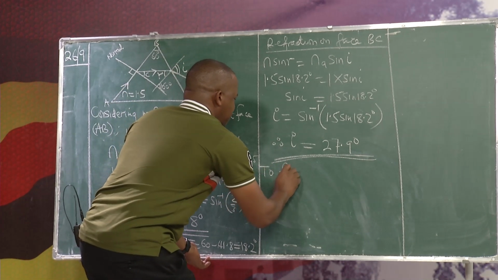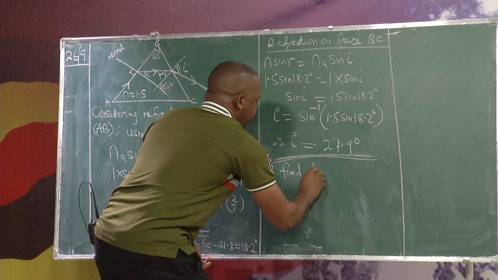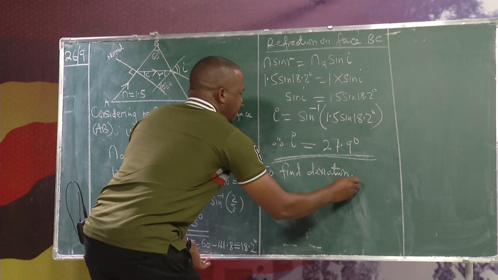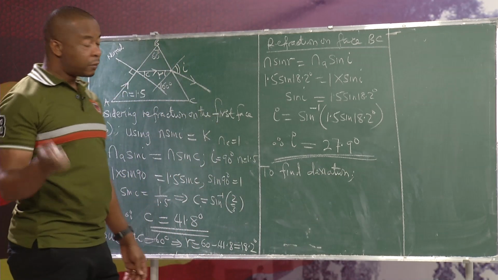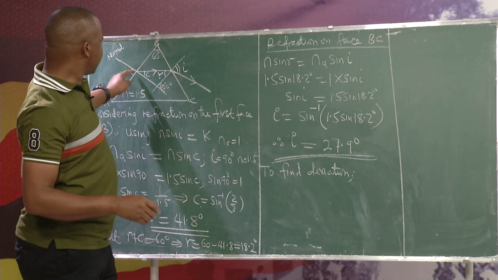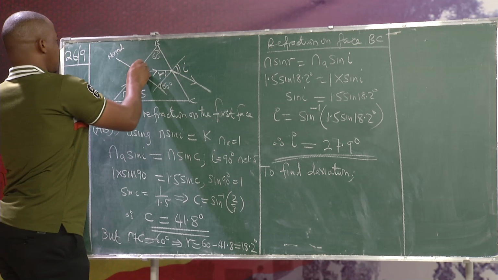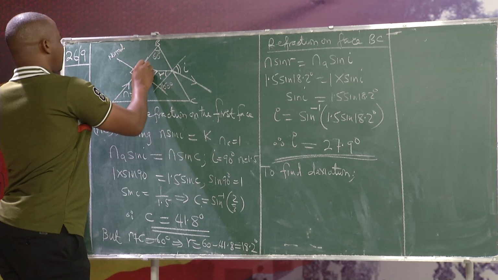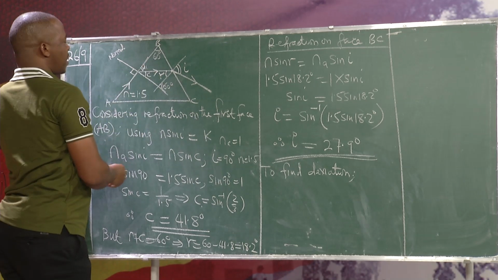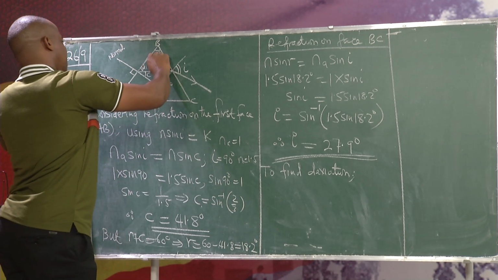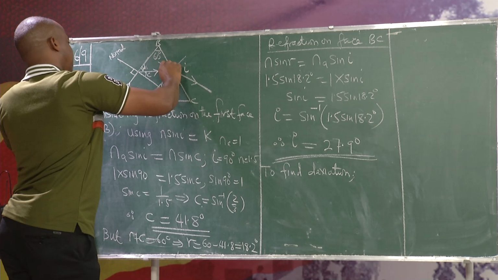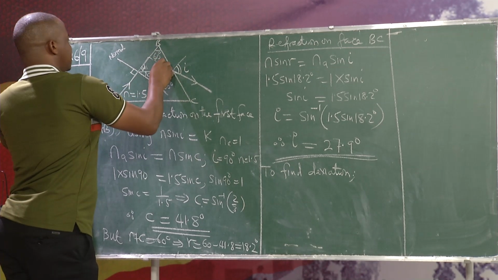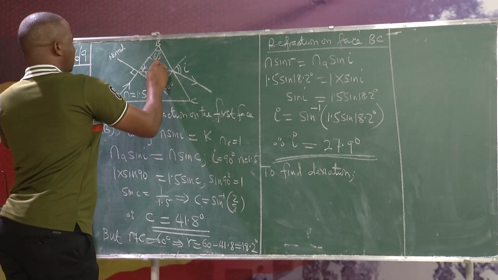To find the deviation, recall that the deviation here is given by this angle, which I'll call D1, and the deviation here, if we extrapolate, is given by this angle, which we shall call D2.